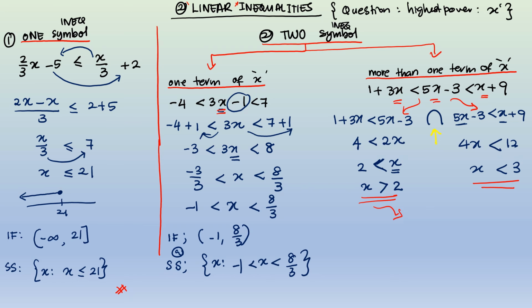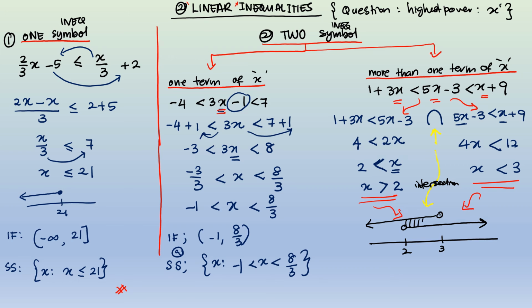Next, what you should do is draw the number line. We have number 2 and number 3, and then you draw the number line. x greater than 2, an empty circle. x less than 3, also an empty circle. Now this is where the symbol 'and' comes in. 'And' means intersection. So where is the area that intersects on both number lines?